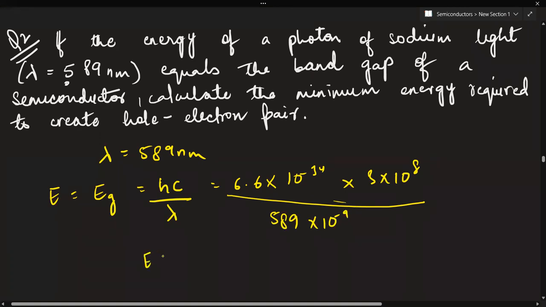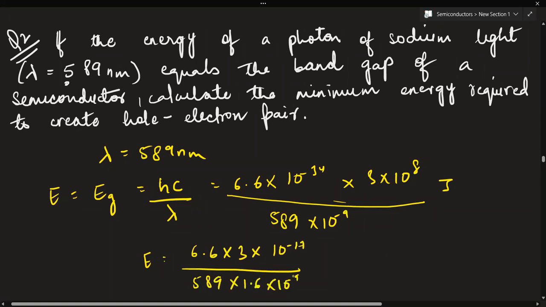This much of energy will come out in joule. If you divide this whole term, 6.6 into 3 into 10 to the power minus 17 by 589, by 1.6 into 10 to the power minus 19, you will get the answer in terms of electron volt. So this will be around 2.1 electron volt. All right, noted.